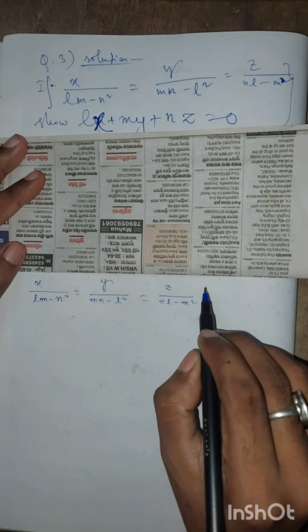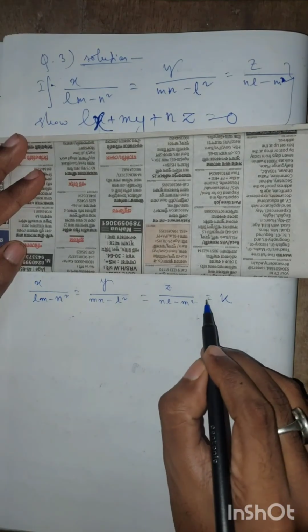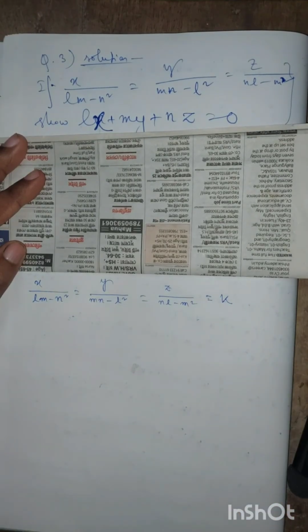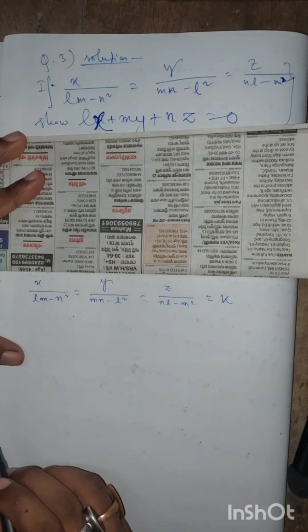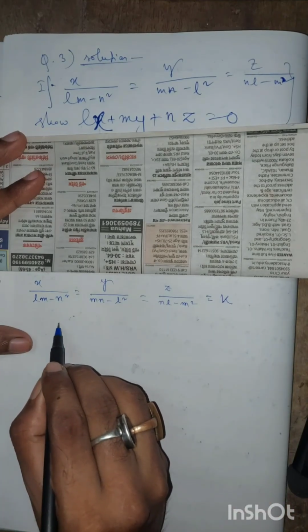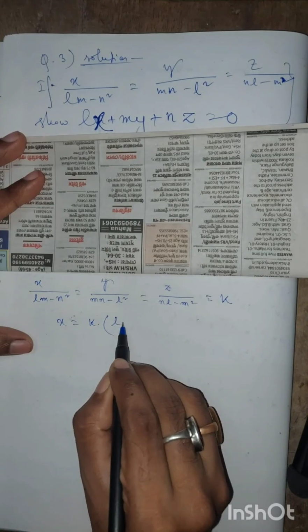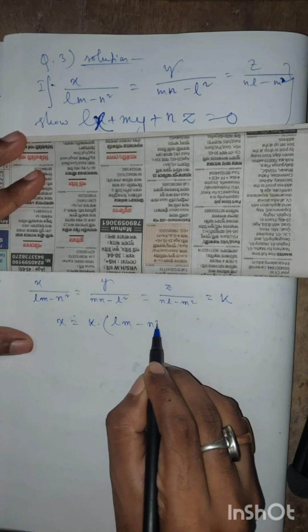Let us assume this is k, where k is a constant. K is not 0. So from the first relation we can say x is equal to k into lm minus n square.